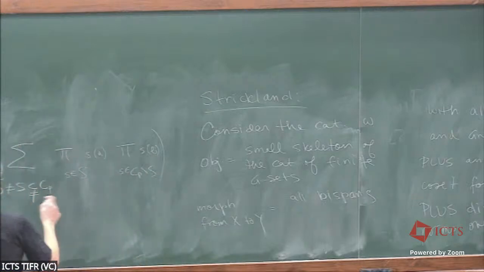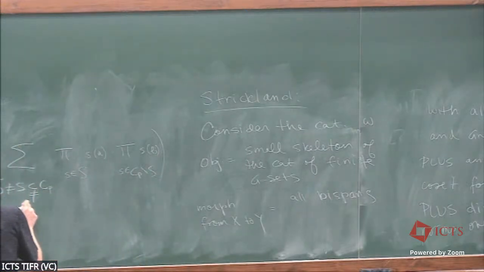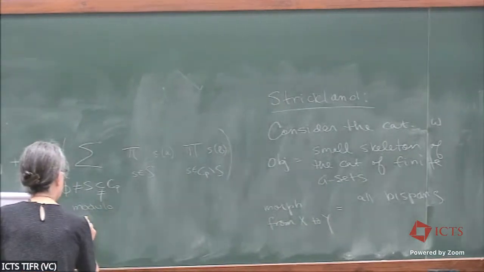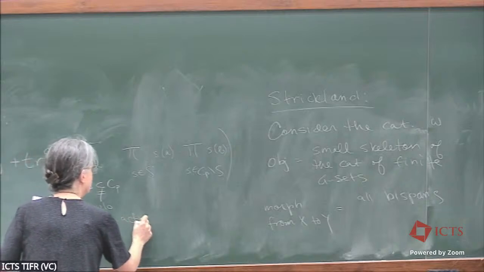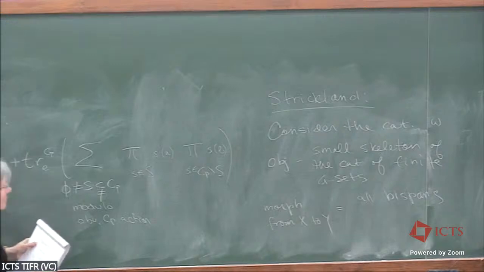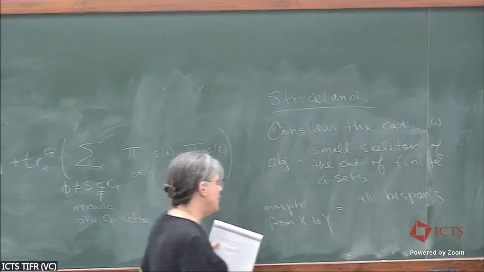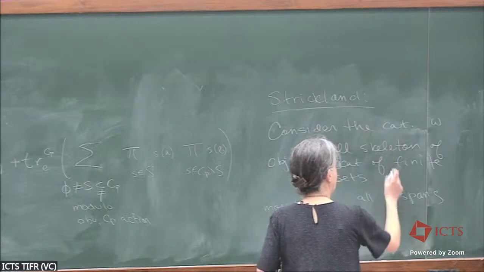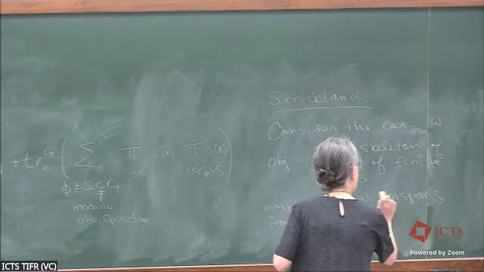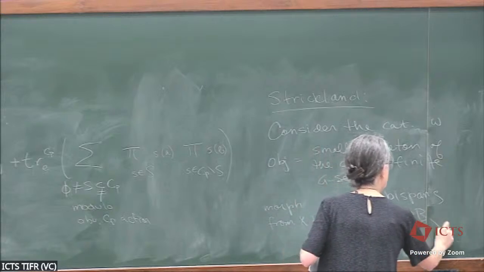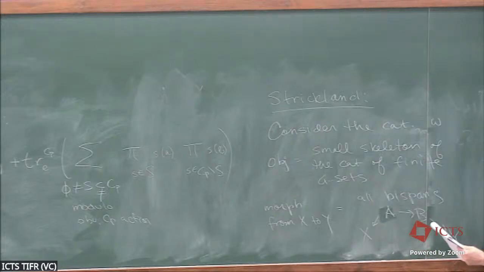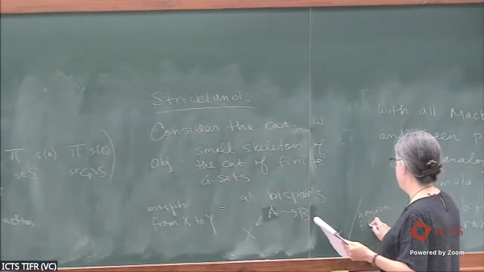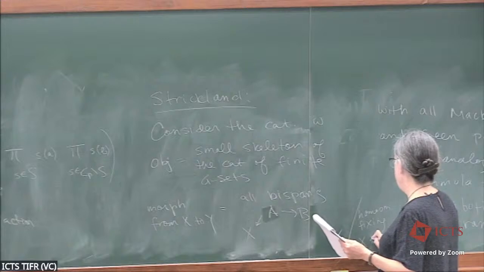Modulo the obvious C_p action. Sorry, that's what I'm taking the trace for. Thank you. So then I look at all bispans of finite G sets like this, X, A, B, Y. So these are just diagrams of finite G sets like this, up to homeomorphism fixing X and Y.